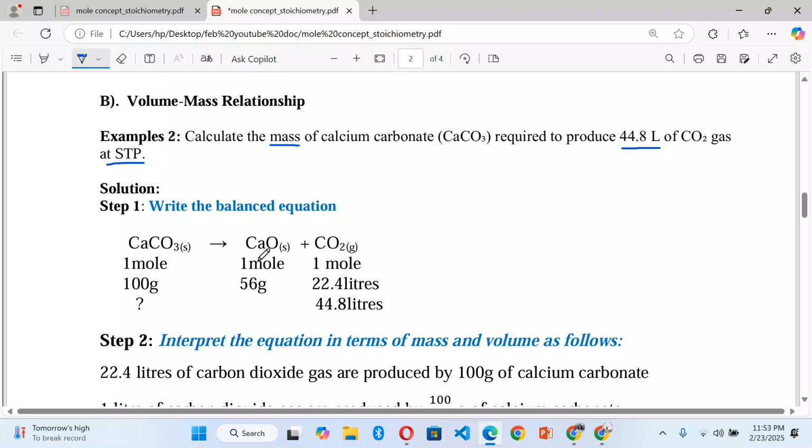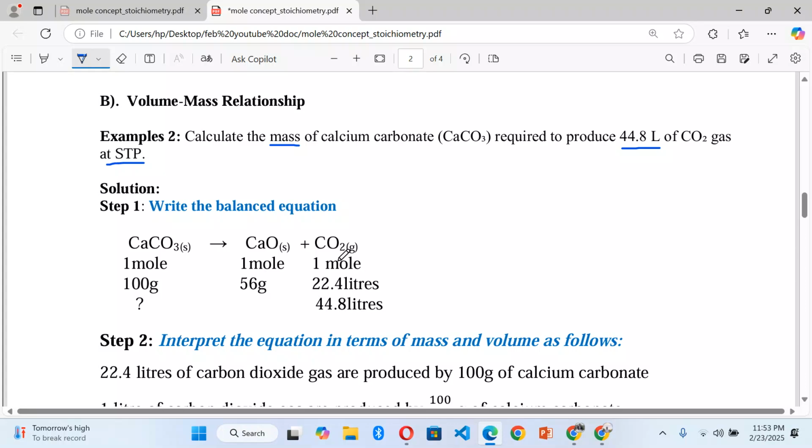Therefore, in terms of moles, 1 mole of calcium carbonate decomposes to produce 1 mole of calcium oxide and 1 mole of carbon dioxide gas. But we say that 1 mole of calcium carbonate weighs 100 grams. 1 mole of calcium oxide weighs 56 grams.